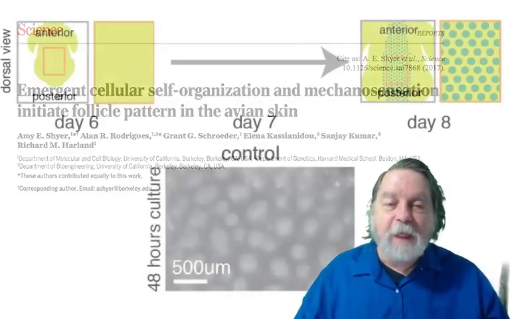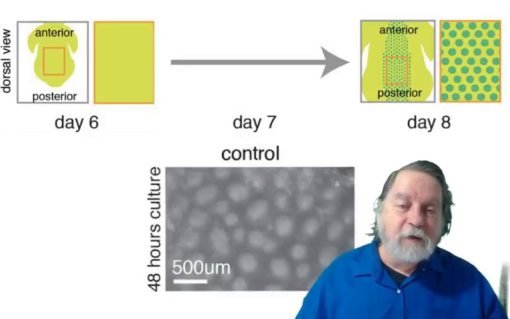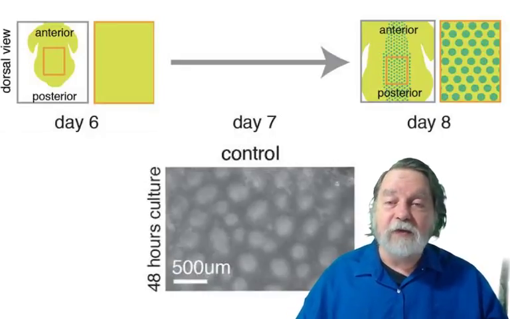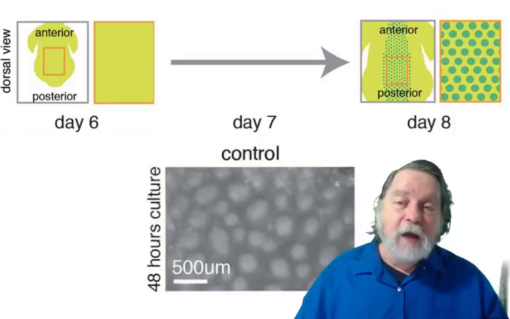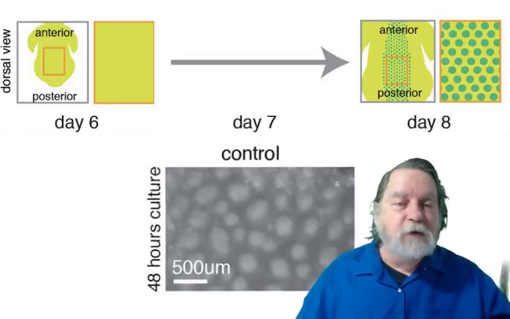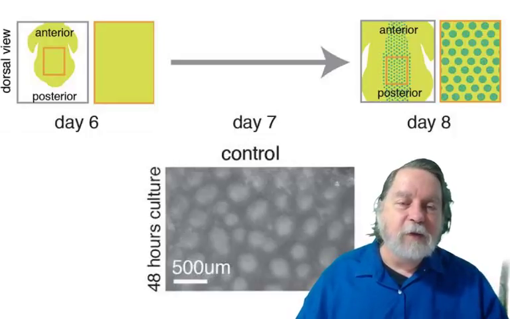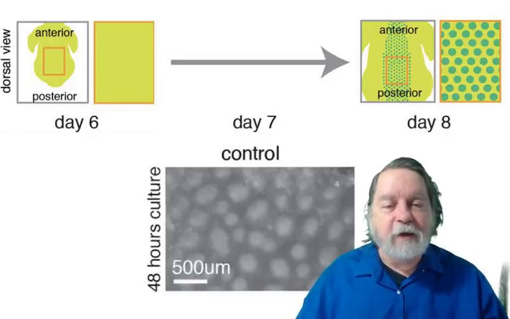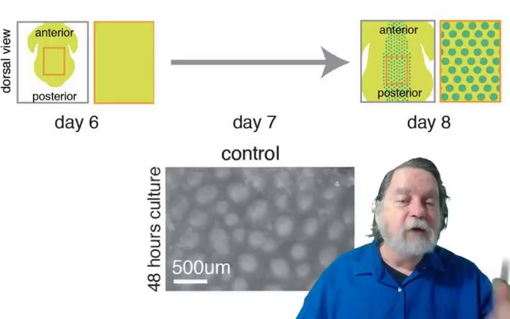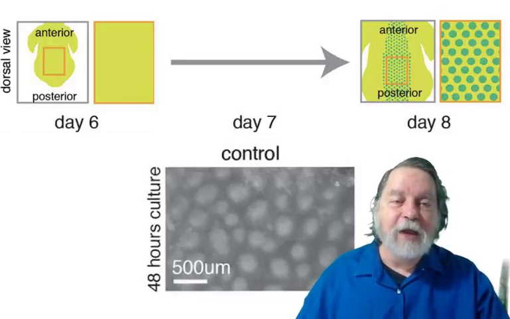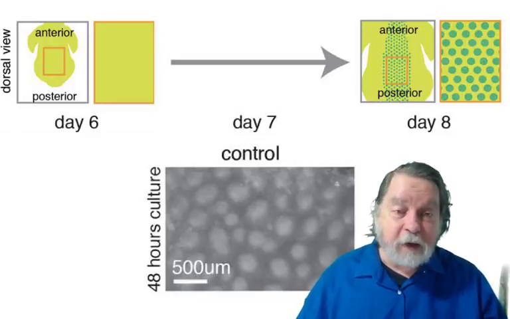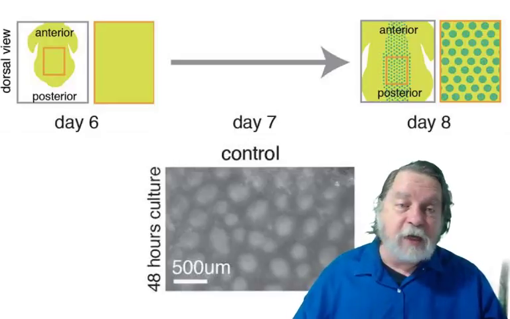Here's the system. Chick embryos go from having a smooth skin at day 6, that's up there at the top left, just uniform skin across the surface of the animal, to 2 days later, at day 8, having a regular pattern of follicles. They don't have feathers yet, but they have follicles, and they form in a detectable, measurable pattern. That's what you're seeing up there on the right at day 8.